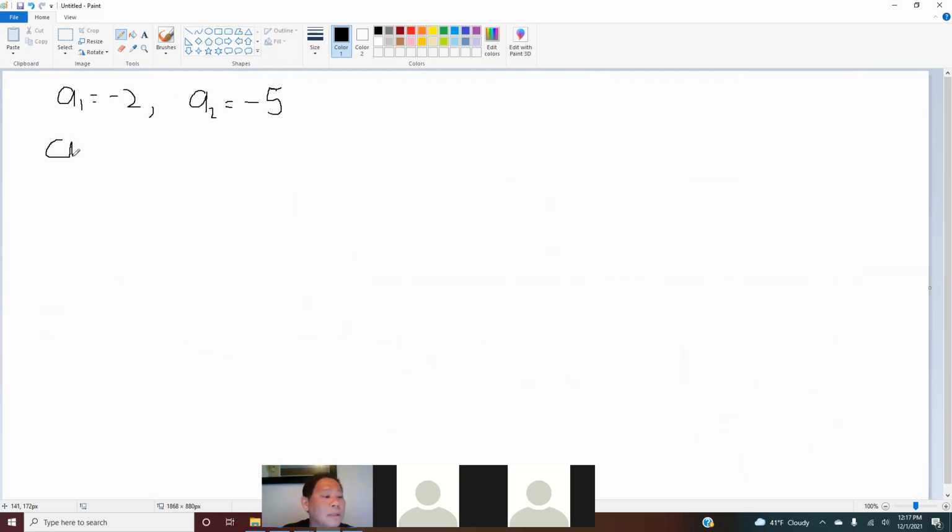And the recursive sequence is given to us by An equals 3 times An minus 2 minus 4 times An minus 1. I want you guys to go ahead. What is A3 and what is A4? Try to figure this one out.